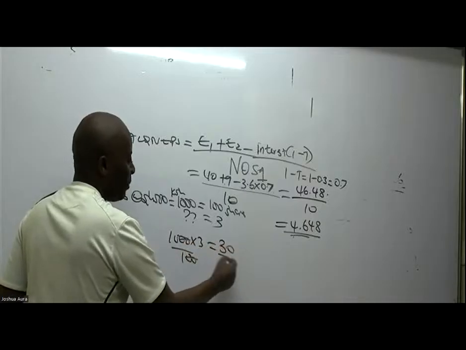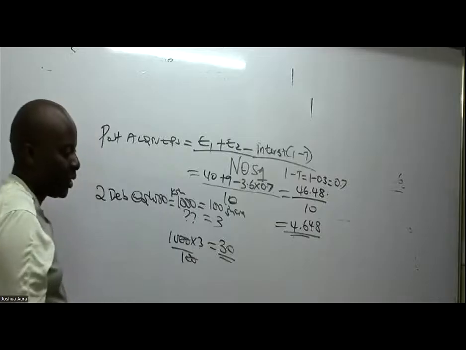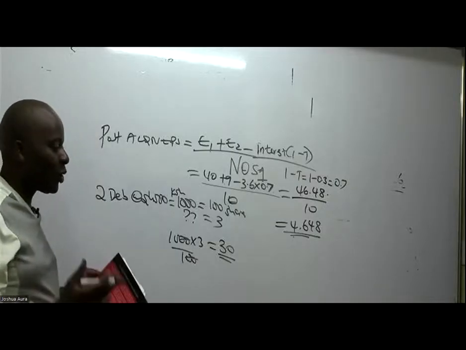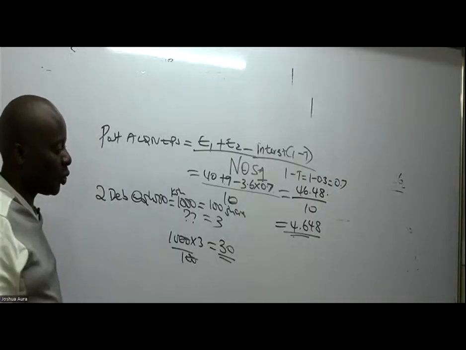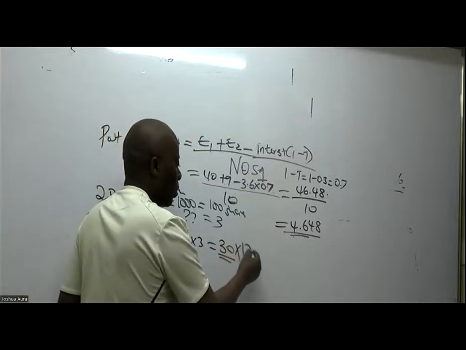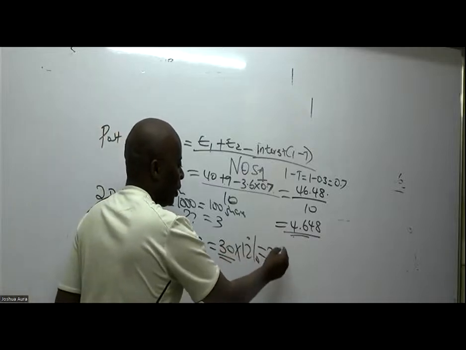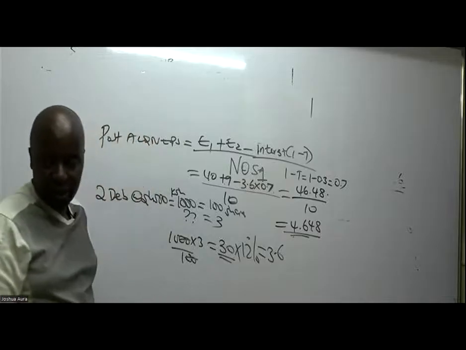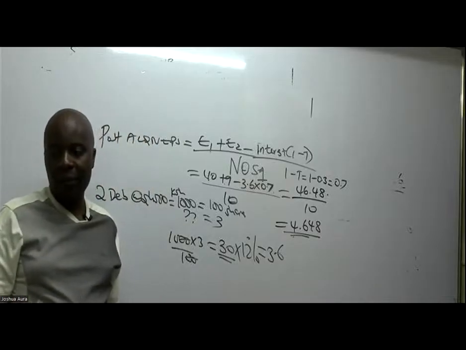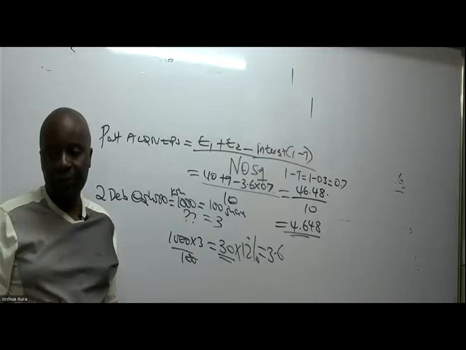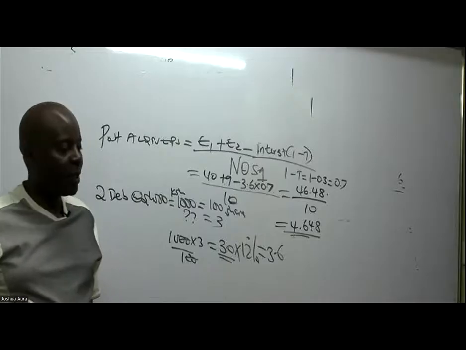This gives me 30 million. That's the total debt. Once I have the total debt, when I need to get the interest, I know the rate of interest is 12%. That's how I was able to get 3.6. Hope that helps you, Lucy. Great. Thank you very much.